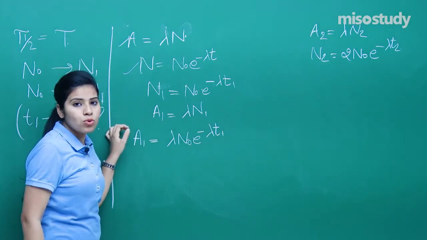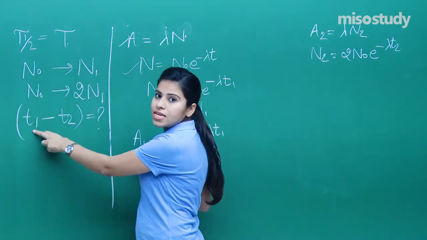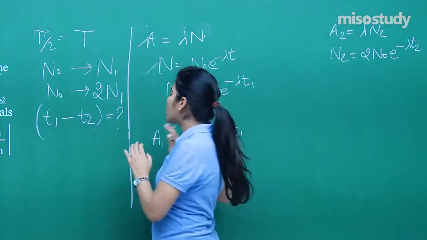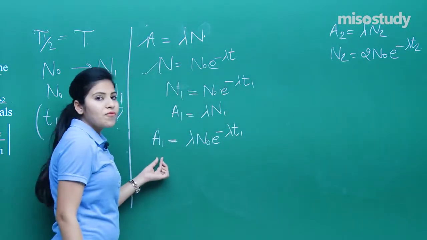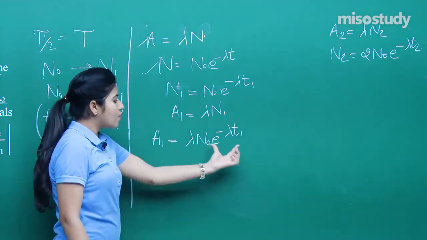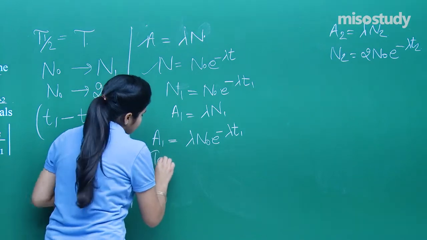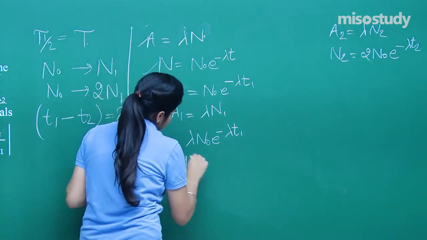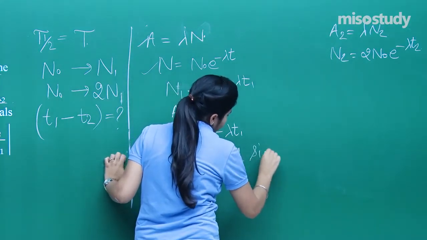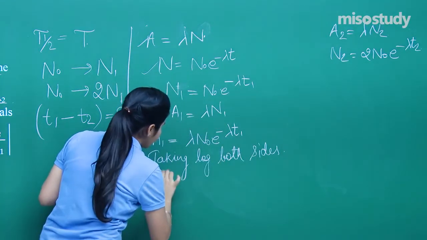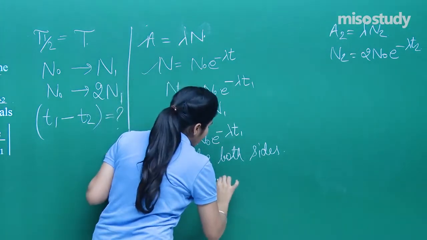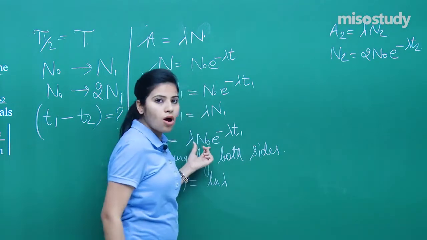Now what we have to do? We have to find out these t1 and t2. To find t1, just look here. If I take the log of this equation, what will I have? You will have log A1 equals log lambda, log N naught.